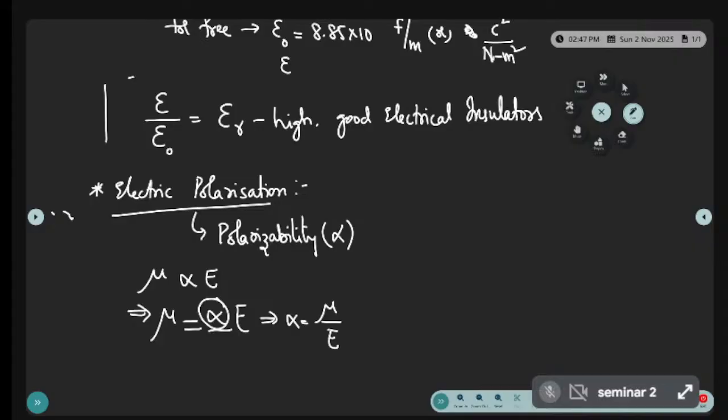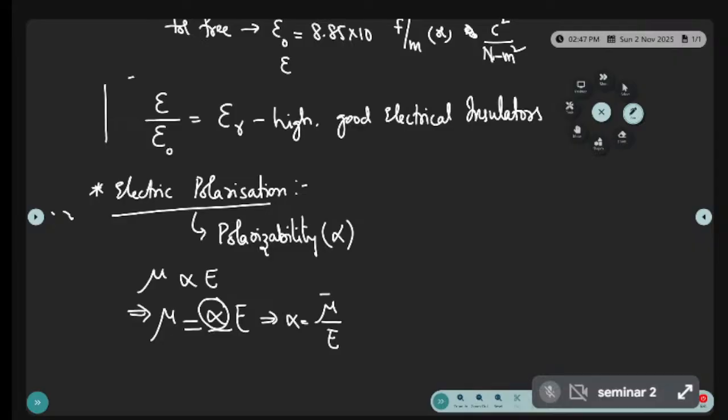Mu by E. What is mu? Dipole moment. E, electric field. Here, dipole moment takes place in the entire body, so we take the average dipole moment. Mu bar by E is equal to alpha, called polarizability.